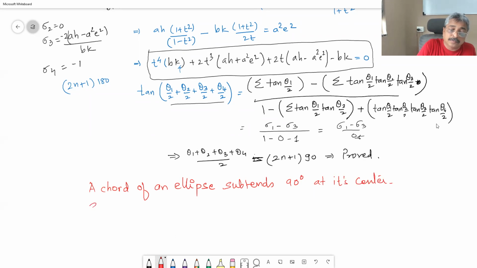Show that it touches a circle concentric with the ellipse.